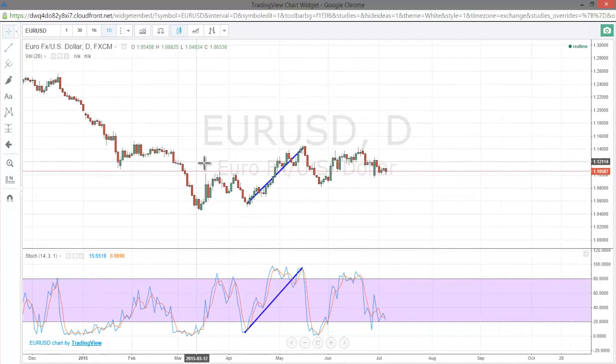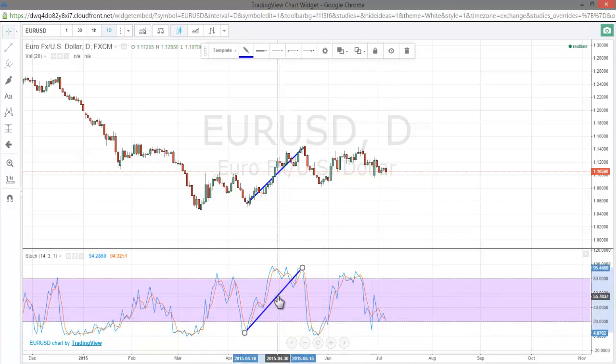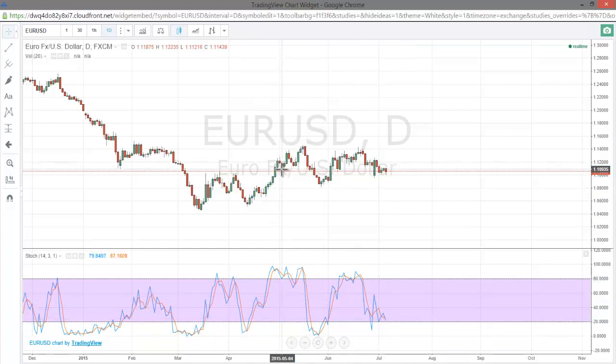You look for the price to penetrate a certain level, and these to be a lot oversold, and then for the second valley to not penetrate as much on the price, but still get into the oversold level here. So it's sort of getting away from the level.